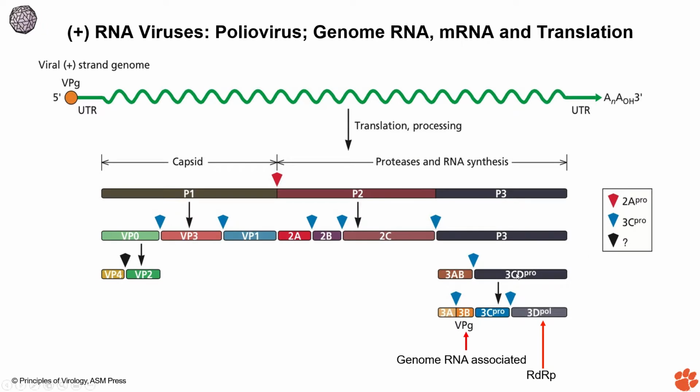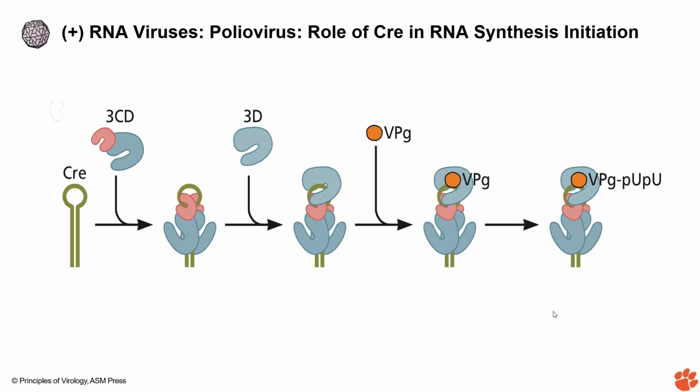So this is the whole protein, 3CD pro. This is melting the loop, and 3D pol is the RNA-dependent RNA polymerase, which is that gray part that you are seeing. This is the 3C, this is the 3D. So that's only the 3D. So this is attaching two uridines to the protein.